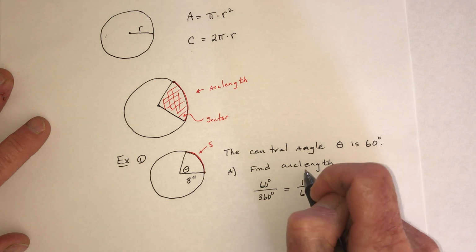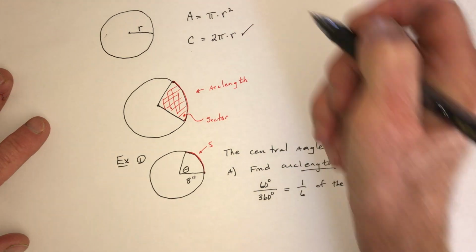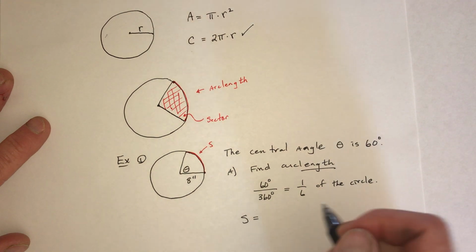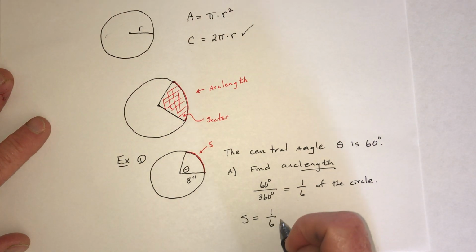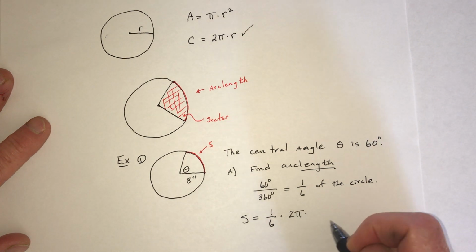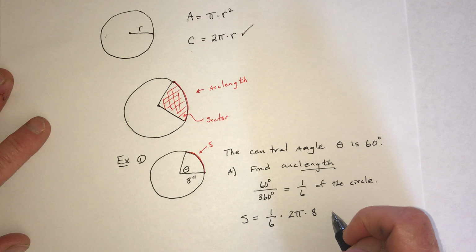So for arc length, that comes from the circumference formula. So that means that the arc length is going to be 1/6 times 2 pi times the radius.